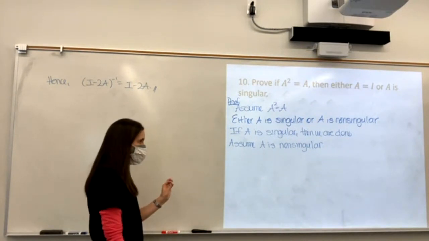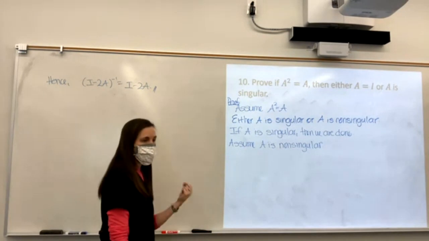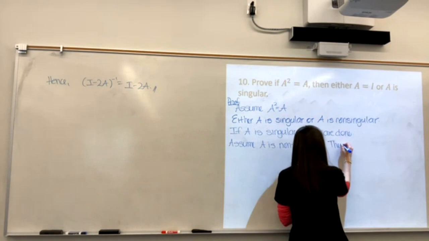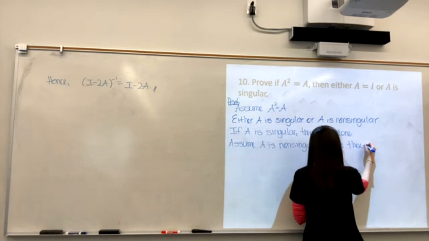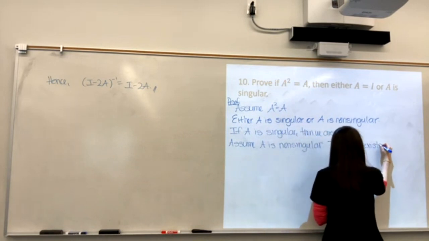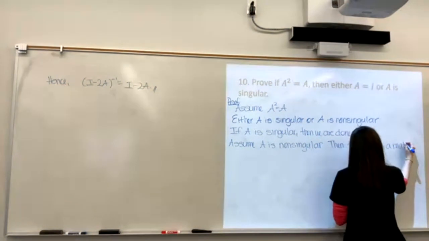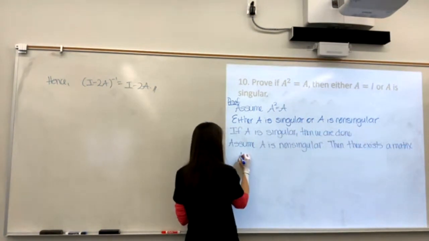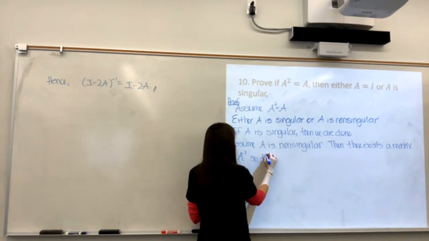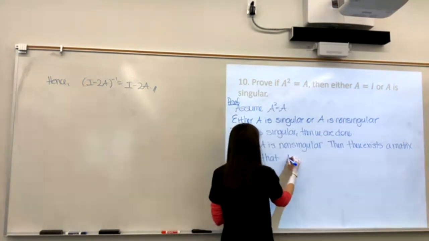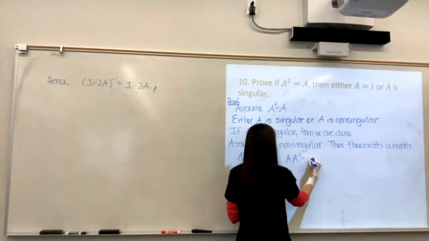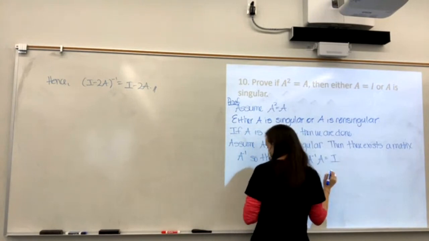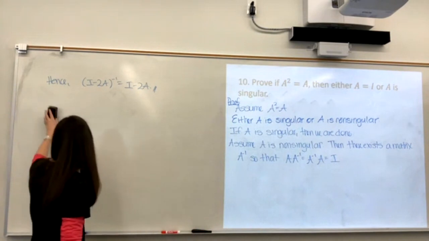Okay, non-singular means you are invertible. So then there exists a matrix A inverse so that A times A inverse and A inverse times A both yield the identity.